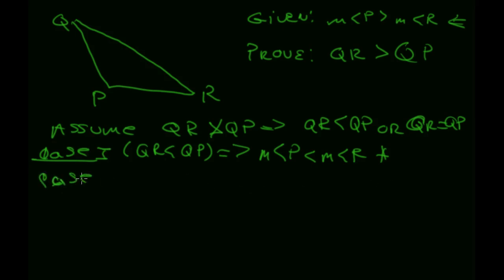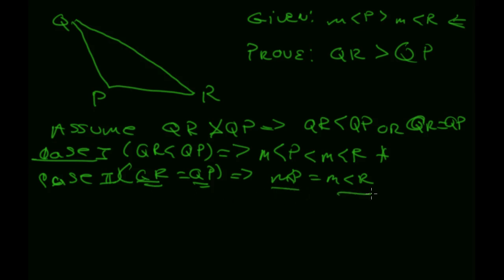Case 2 is that QR is equal to QP, but if that's the case, then the measure of angle P has to be equal to the measure of angle R, because this would be an isosceles triangle. QR equal to QP means I would have an isosceles triangle. These two angles would have to be the base angles. They're equal. That again contradicts my given.